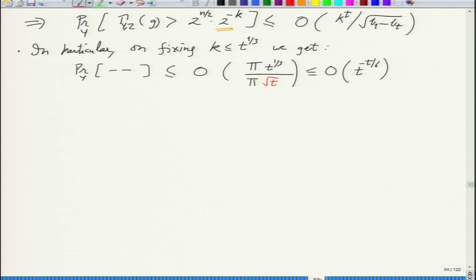And then we fix k to be t raised to 1/3, we get this probability to be t raised to minus t, and obviously we should fix t to be exponential in n raised to 1 by delta.